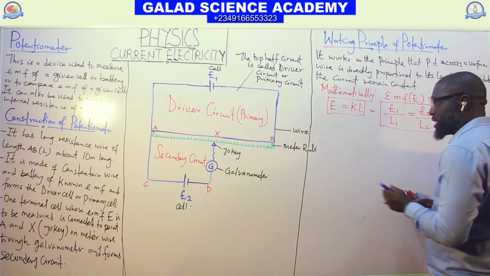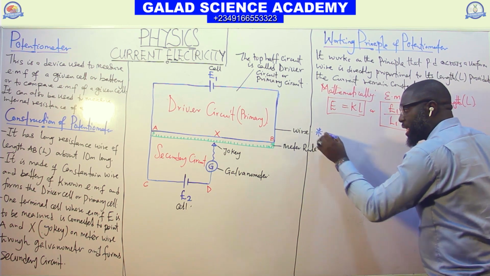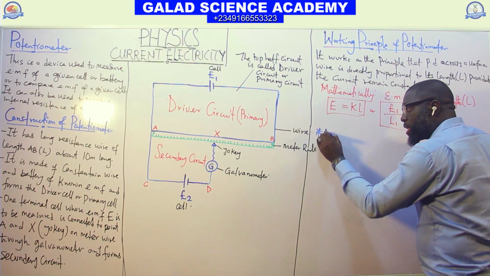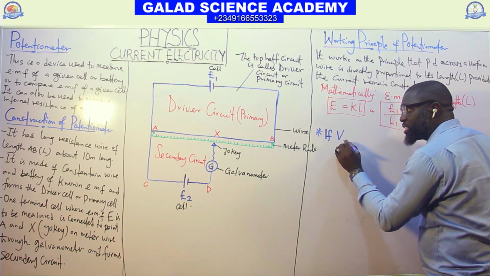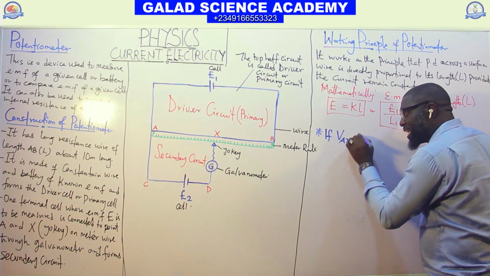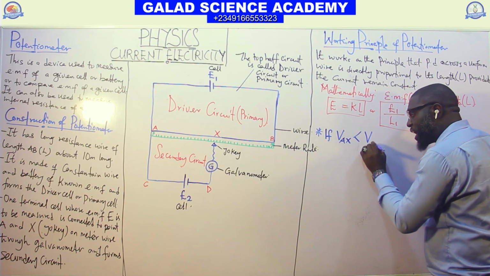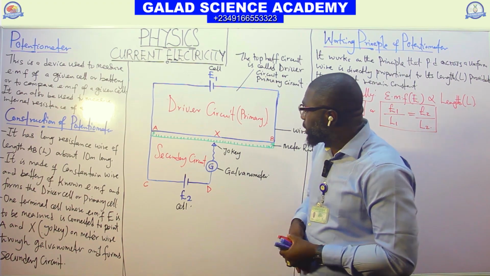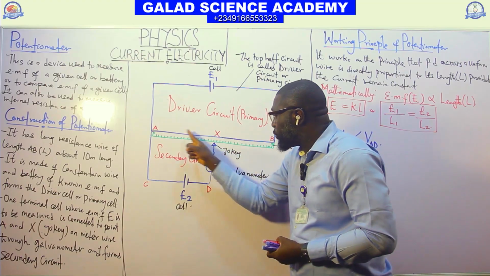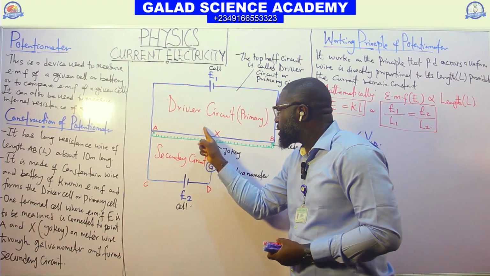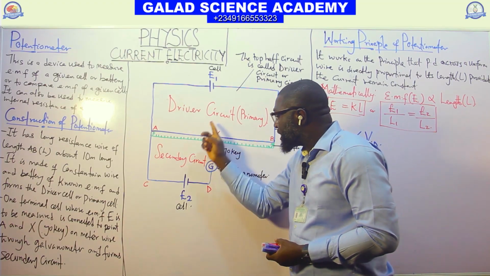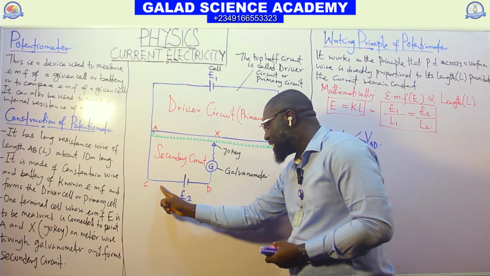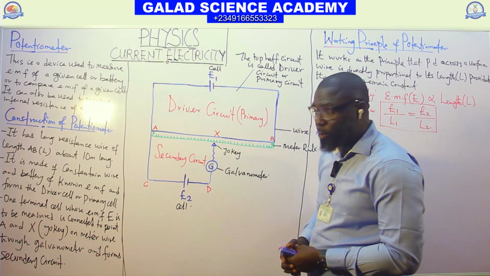If the potential difference of AX is less than the potential difference of CD, that is, the potential difference of the wire on this uniform meter rule AX is less than that of this length CD, what happens?